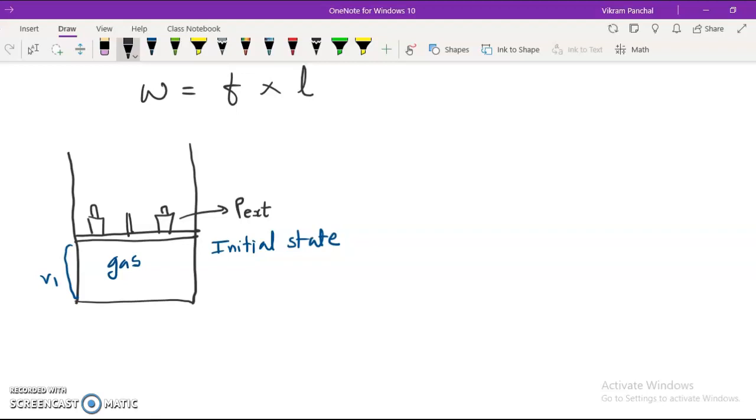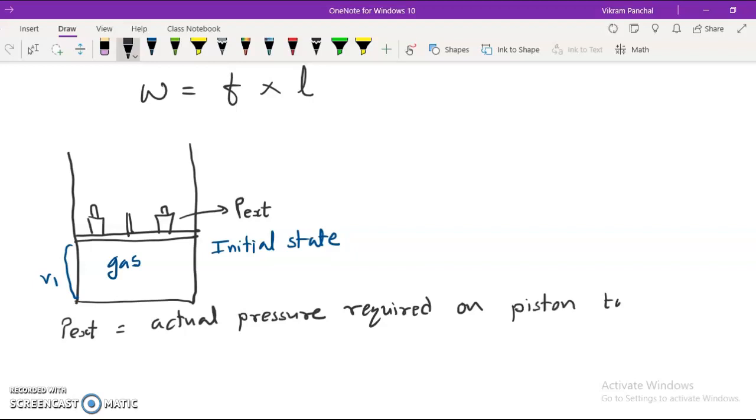So P external would be the actual pressure required on the piston to bring it down, or to make it stationary in the initial condition.